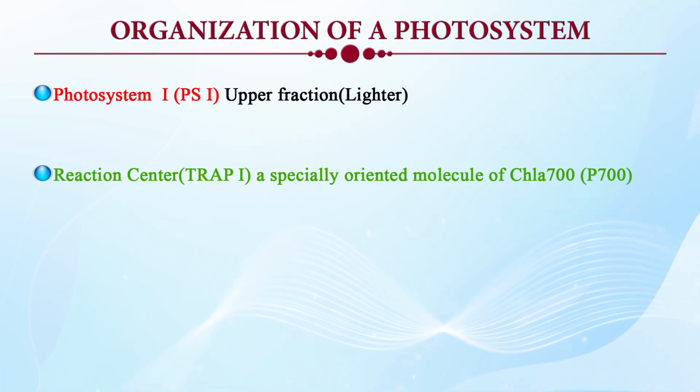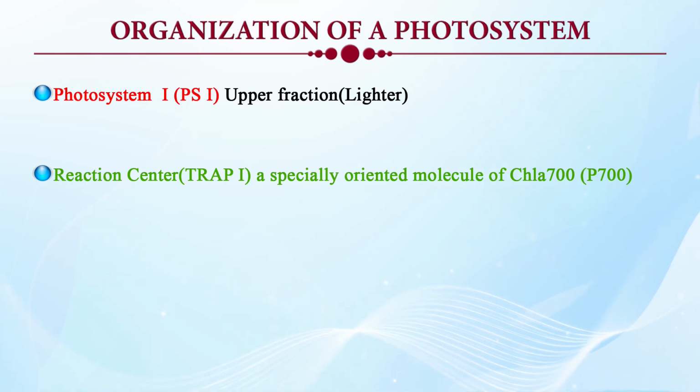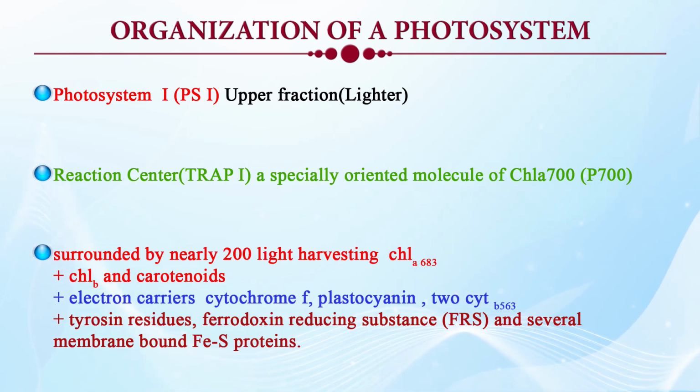So, this chlorophyll A 700 is also called the primary trap, and there are 200 light harvesting molecules of chlorophyll A of the 683 type. That means this whole system is running at greater than 680 nanometers.